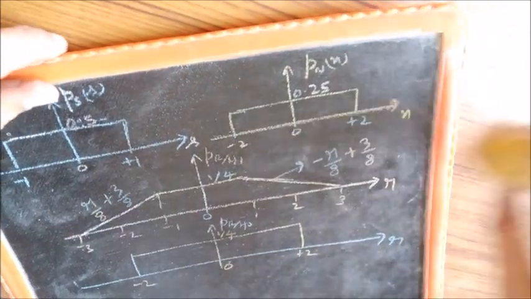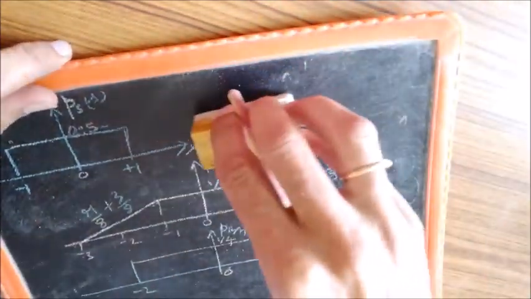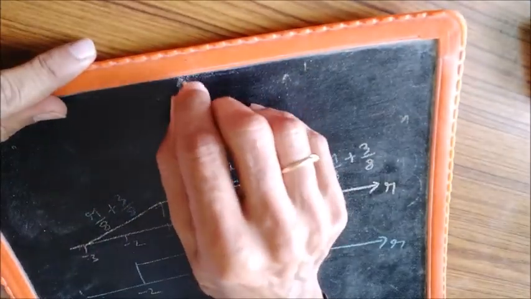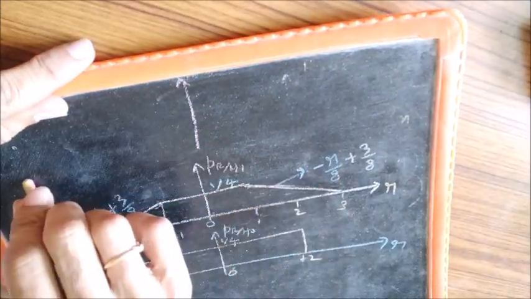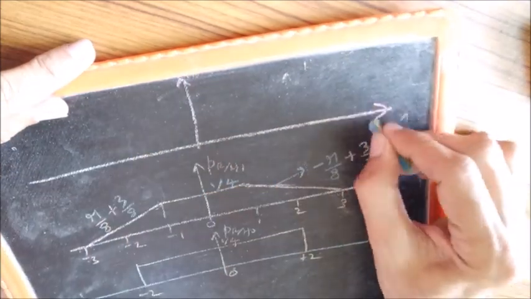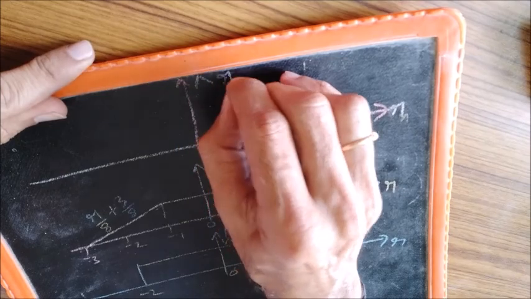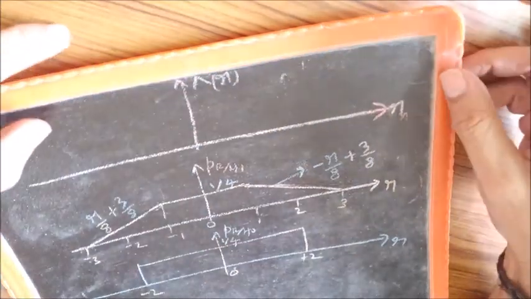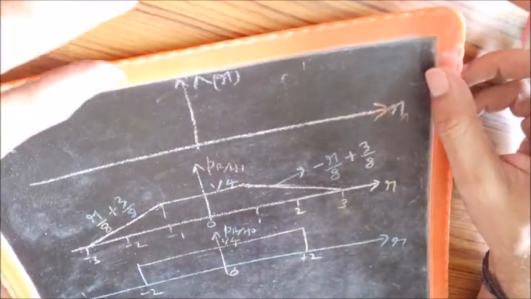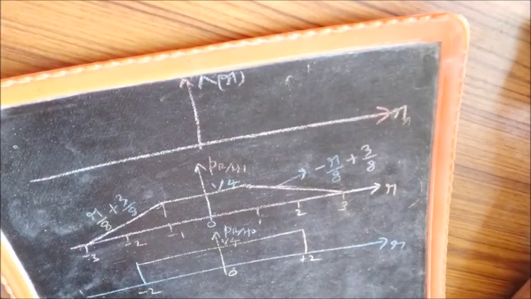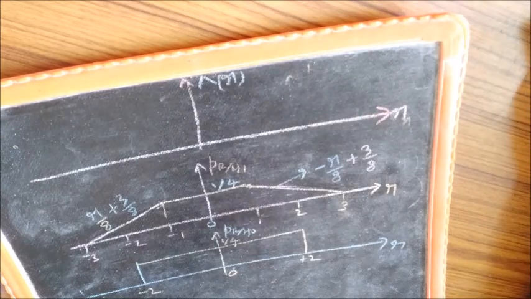Now we can draw the likelihood ratio. The likelihood ratio will be PRH1 by PRH0.